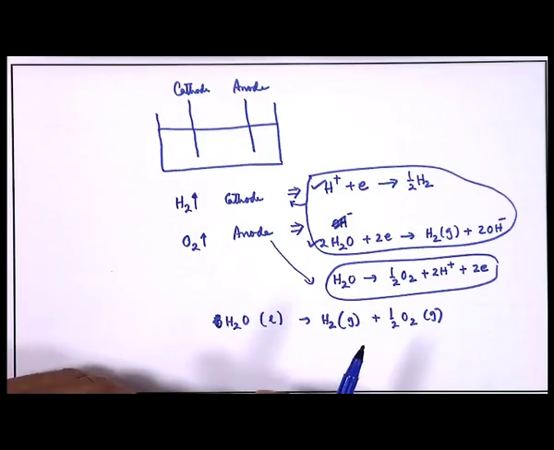That is, if you increase the amount of electricity, it will increase the amount of material that is deposited. And the other one: the weights of different substances formed on the passage of the same amount of electricity are in the ratio of their equivalent weights. This will be taken up in the next lecture.